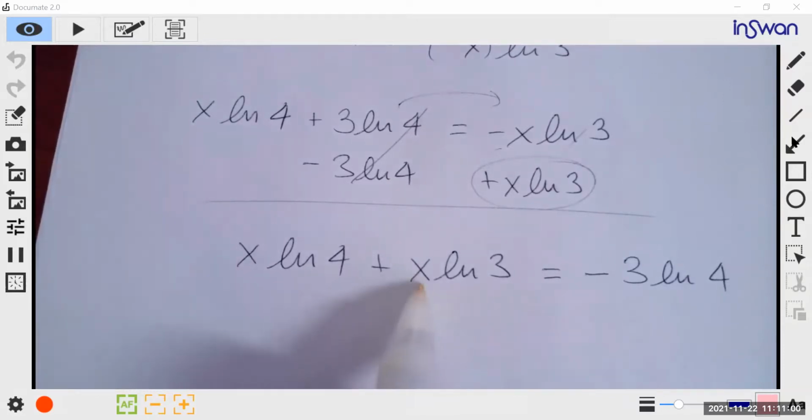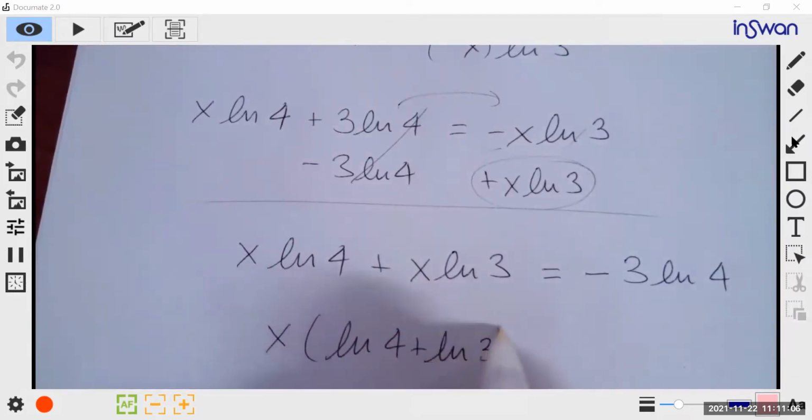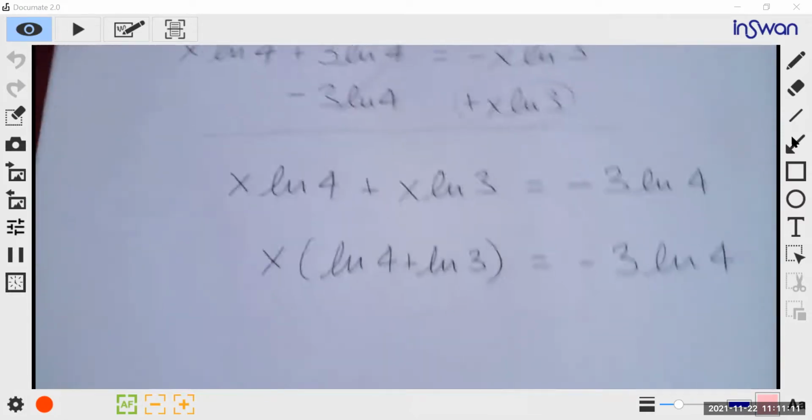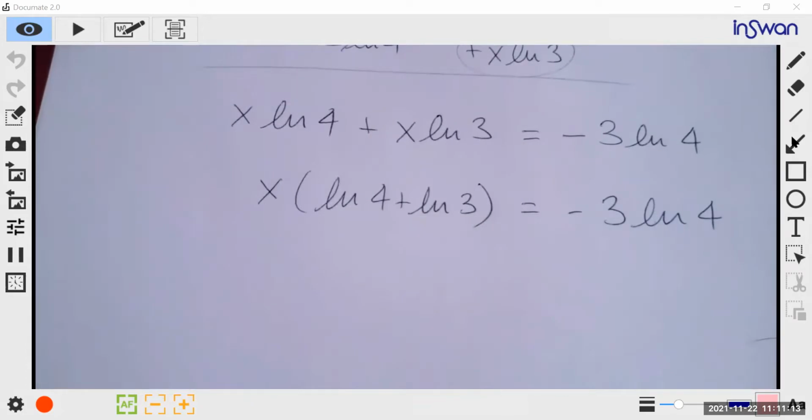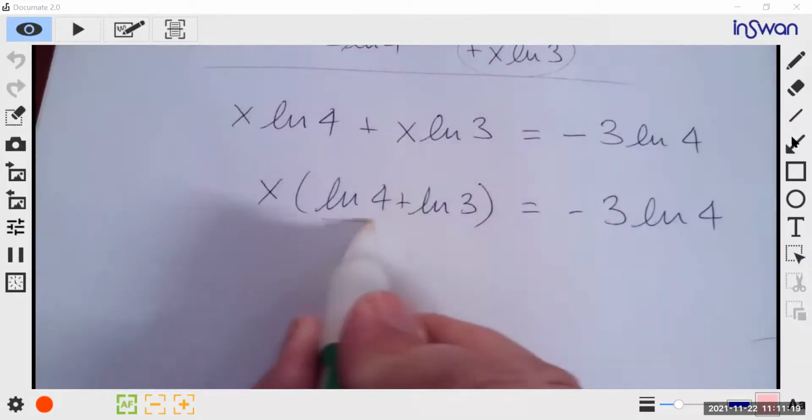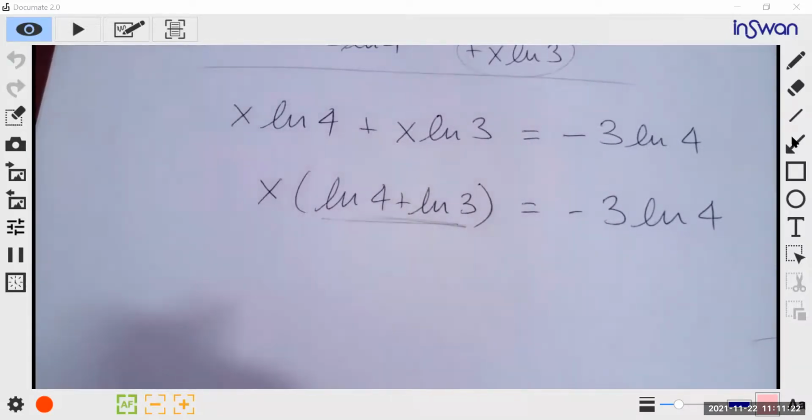All right, now we're solving for x. They both have an x in common, so I can factor it out. We have two of them that are added together. What can they become?